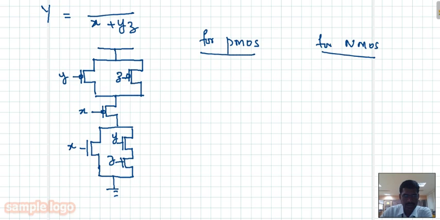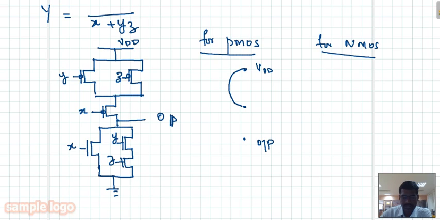So here is our VDD and here we are taking our output. With respect to this VDD, here is another node, and here we have output.